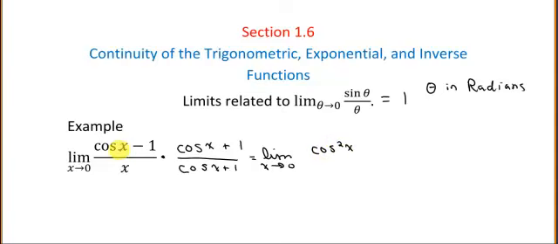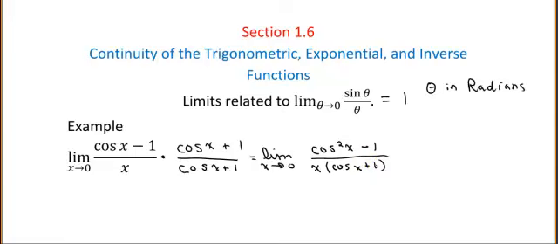And then cosine of x times 1 is cosine of x. Cosine of x times negative 1 is negative cosine of x. So those cancel out. And then we'd have negative 1 times 1, which is negative 1. And this will all be over x times the quantity cosine of x plus 1.